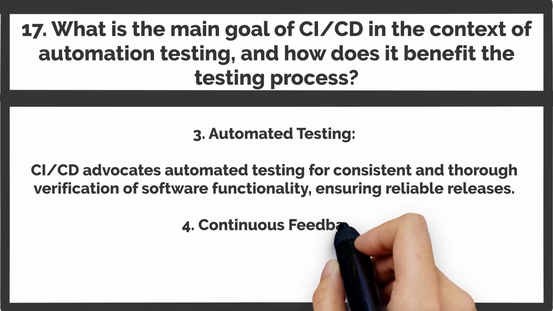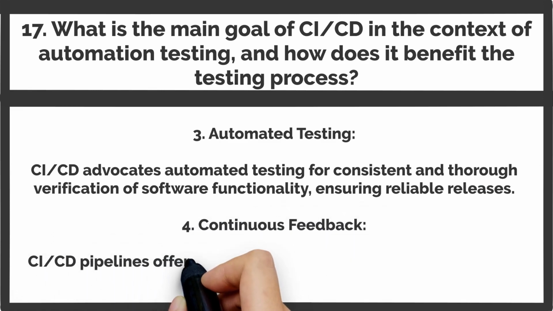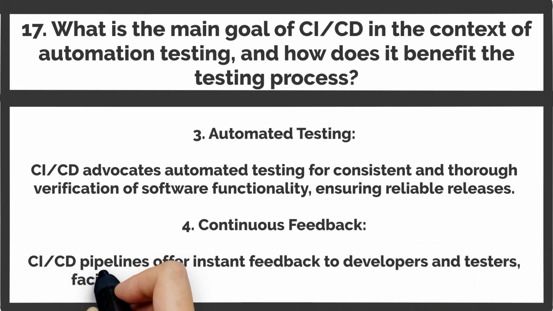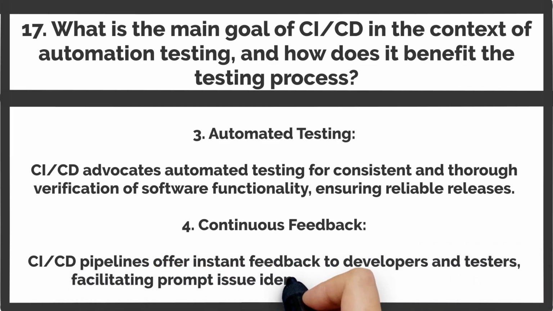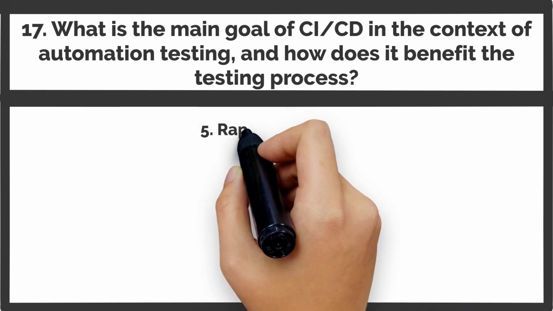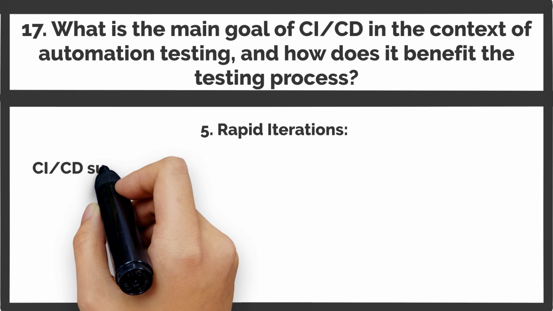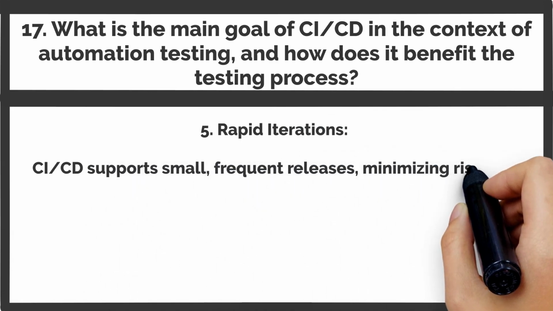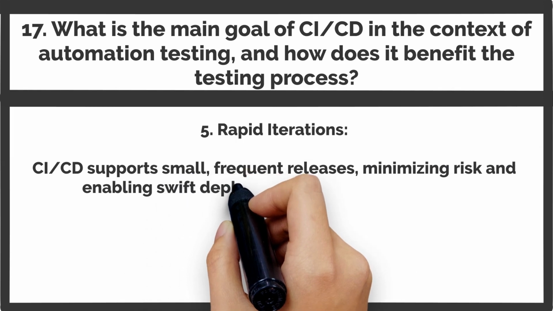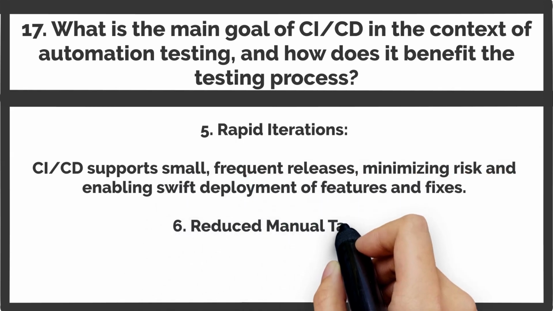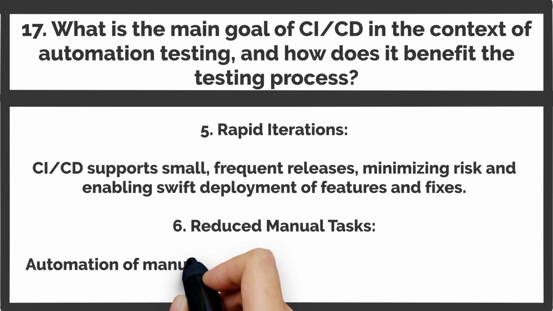4. Continuous feedback. CI/CD pipelines offer instant feedback to developers and testers, facilitating prompt issue identification and resolution. 5. Rapid iterations. CI/CD supports small, frequent releases, minimizing risk and enabling swift deployment of features and fixes. 6. Reduced manual tasks.